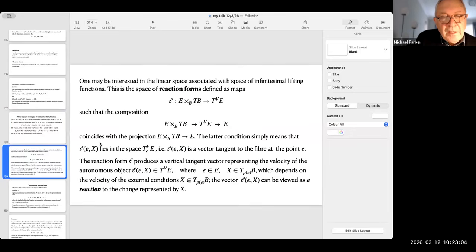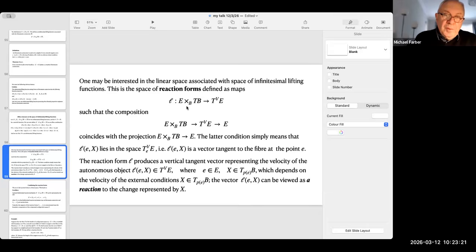I'll just skip this. So it is not a linear space, but it is an affine space. So we can look at the associated linear space of what is called reaction forms.